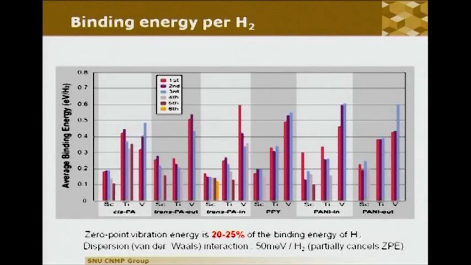So we include zero-point vibration energy, and we add some ad hoc terms for van der Waals interaction. And also, spin state is important. As more and more hydrogen molecules are attached, there is a transition from high spin state to the low spin state. Eventually, the spin state is 0.